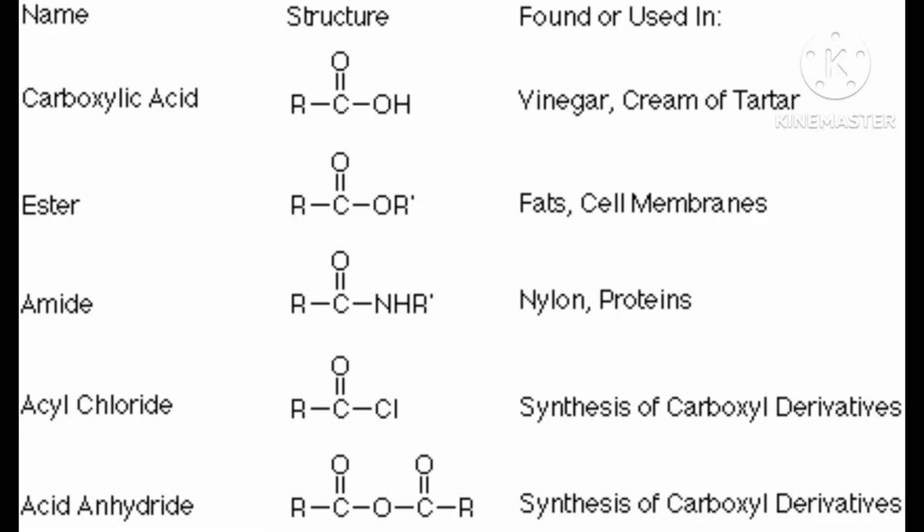For example, CH3CHO. In place of R, CH3 is attached with the aldehyde group, CHO. Then it is called acetaldehyde.